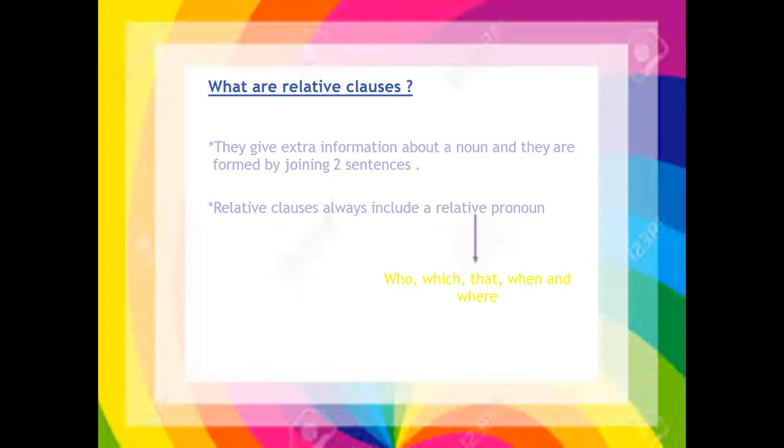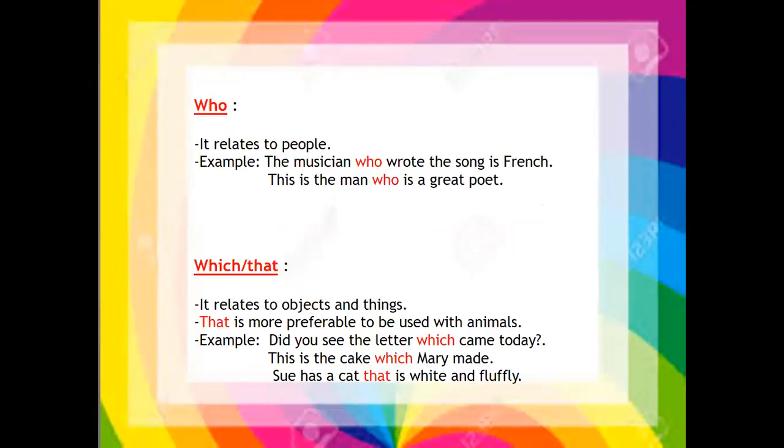So let's start with the first relative pronoun, who. We use who to relate to people. So when we want to talk about a person, شخص عاقل, we use the relative pronoun who.